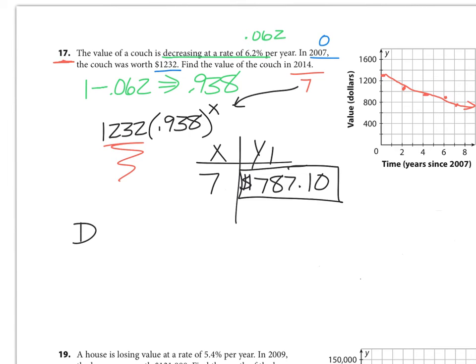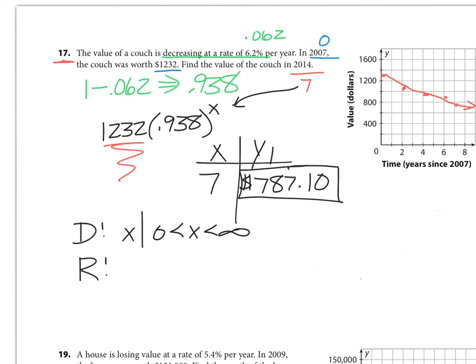So domain here are your x's, and again, they want inequality notation, so greater than 0 to infinity, because you've got to be greater than 0. Your range are your y values.